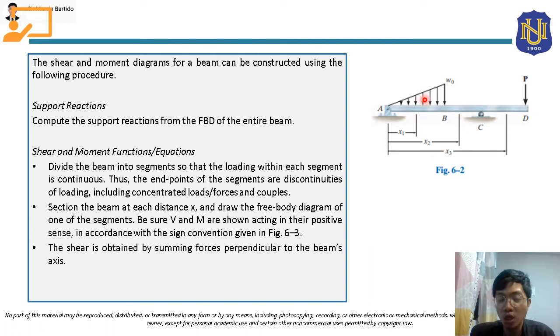We are going to solve the internal shear force here using the equilibrium equation, and that will be the summation of forces vertical. That equation will be in terms of x. That equation, class, will be the shear equation.